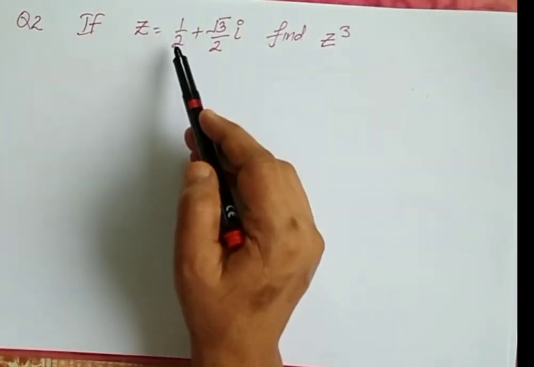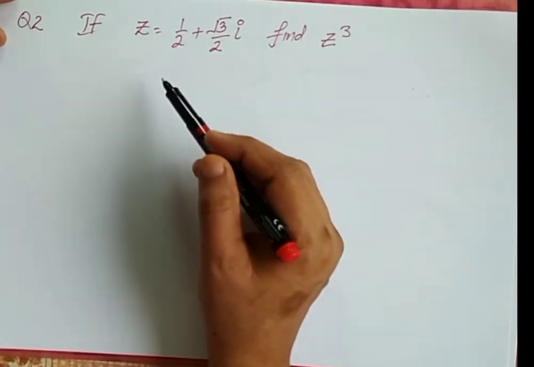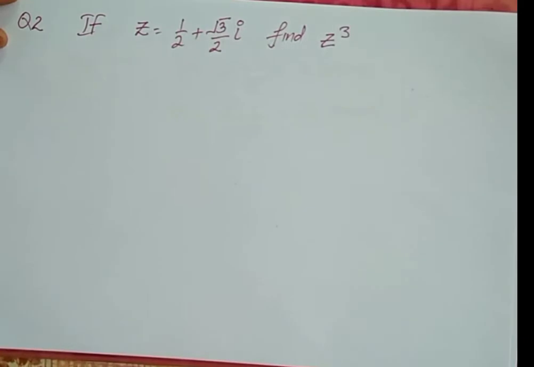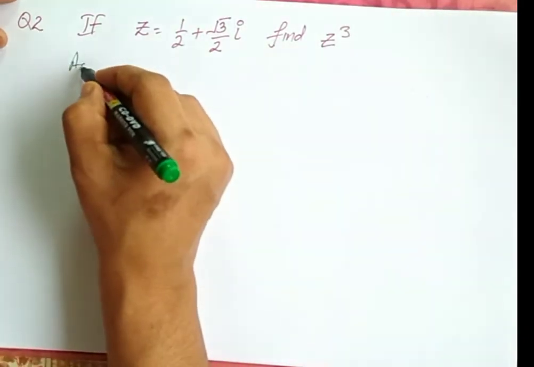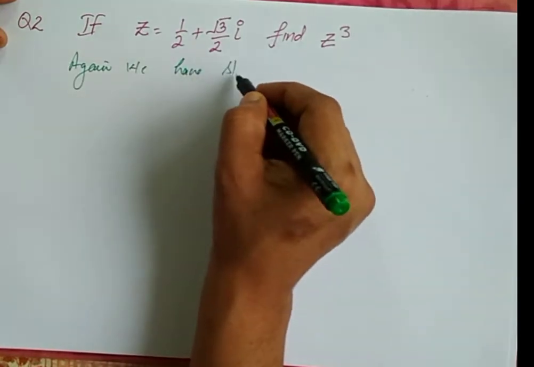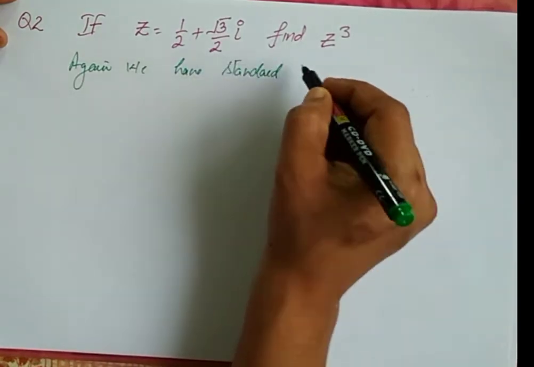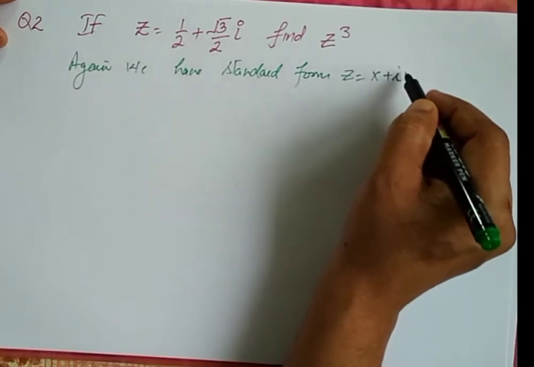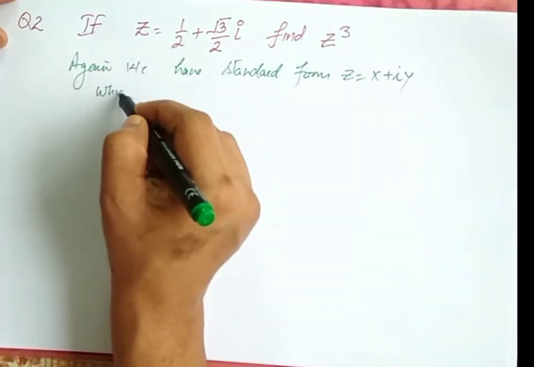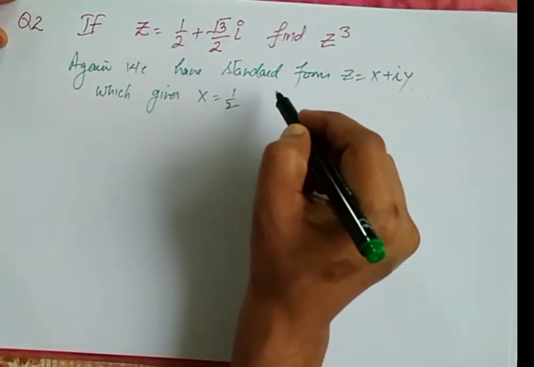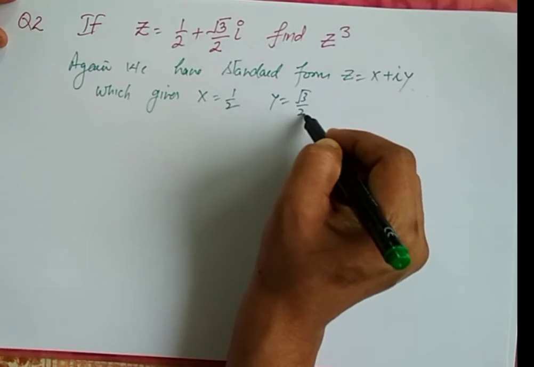So in the second question, again we are given a number in standard form, z equals x plus iy, which gives x equals half and y equals root 3 by 2.